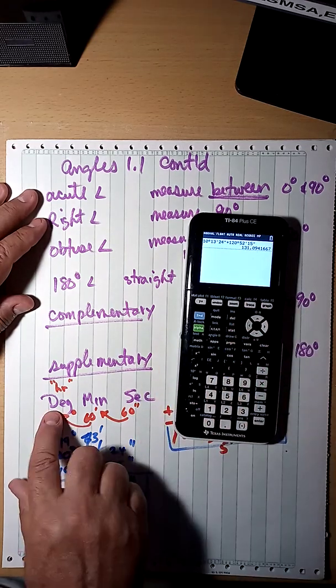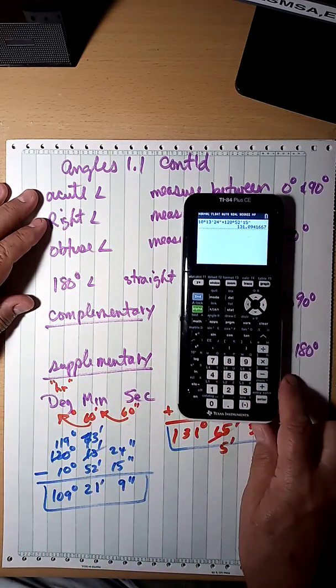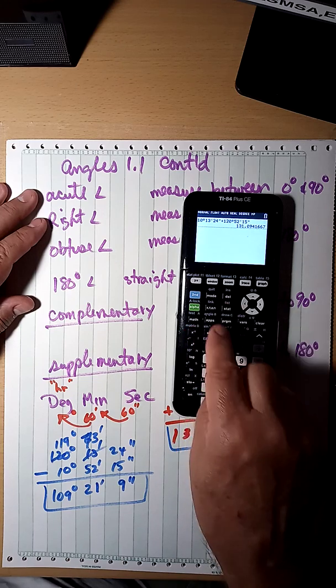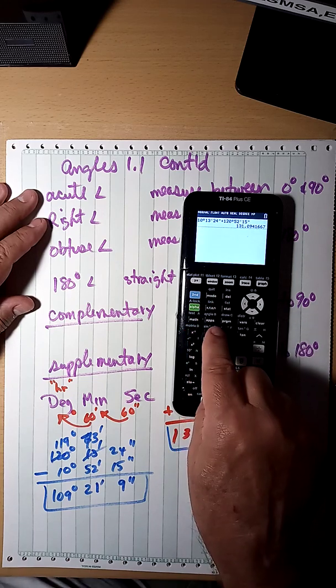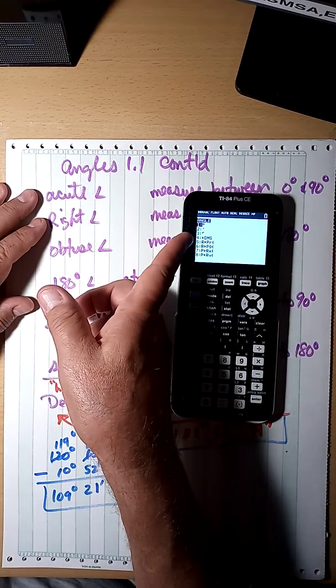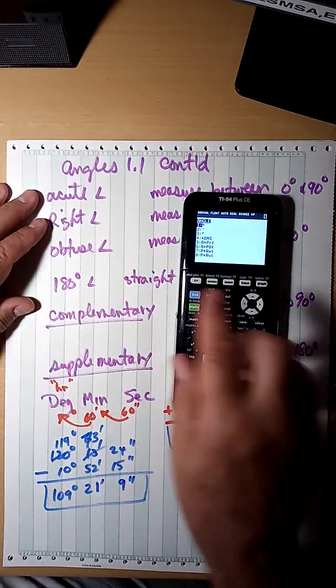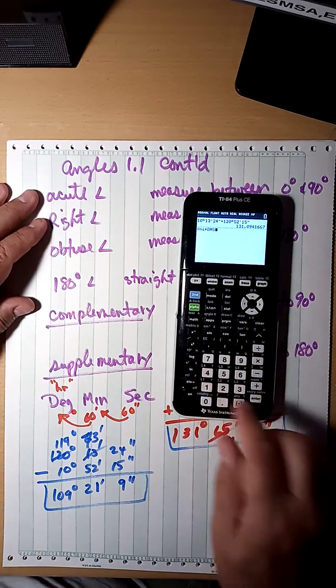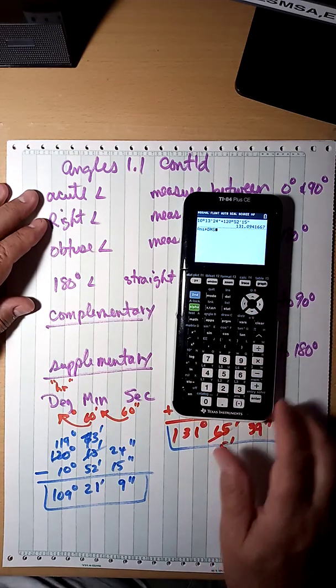Well, just like this degrees, minutes, seconds here, we can convert that under the angle, second apps. There's a DMS with a little arrow to the left. That means take the number and convert it to degrees, minutes, seconds. So we're going to do number 4.